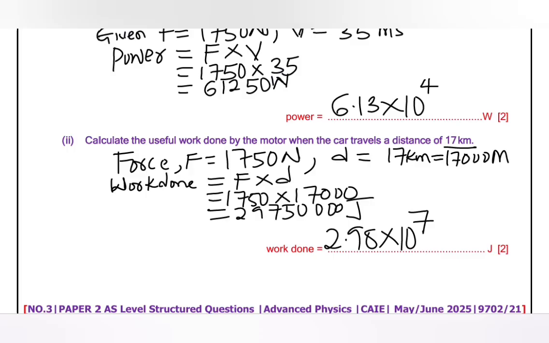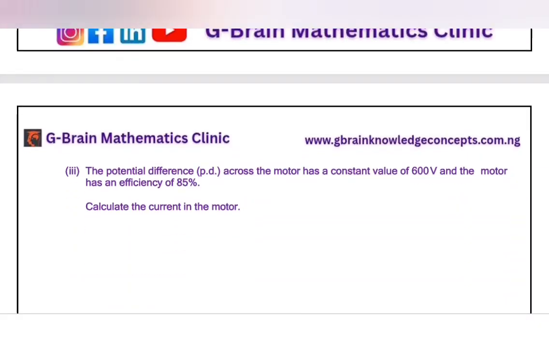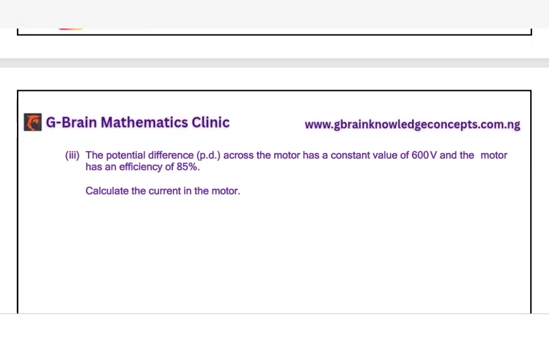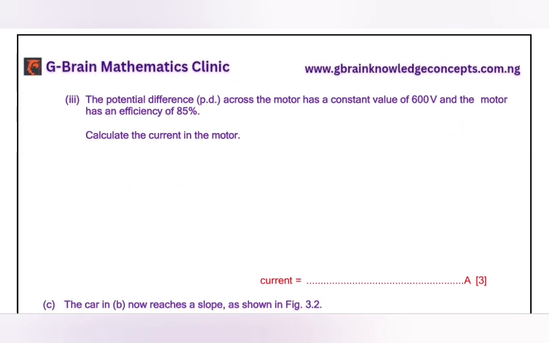So we move to the next part of the problem, and that is B3. For B3, the potential difference, PD, across the motor has a constant value, 600 volts. And the motor has an efficiency of 85%.